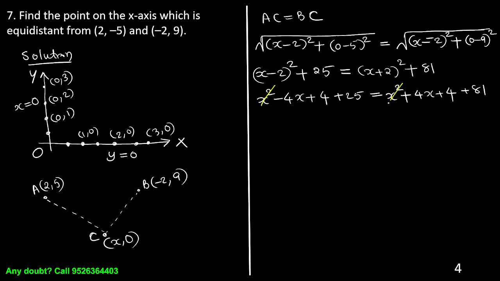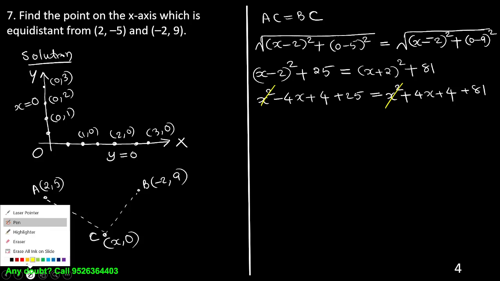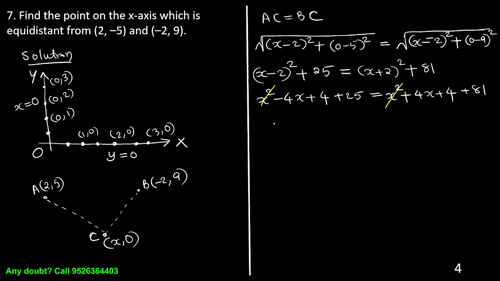What will be the next step? x square and x square cancel both sides. Left side minus 4x is there, plus 4 plus 25 will be 29, is equal to, right side there is 4x and here 4 plus 81 will be 85. Now you have to rearrange it.